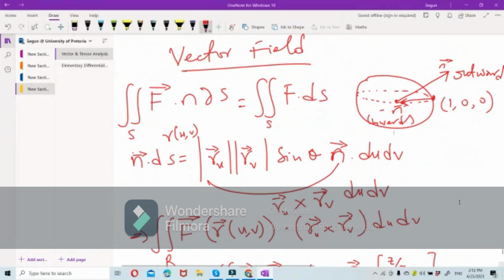So take note of that. But that's not where we're going.